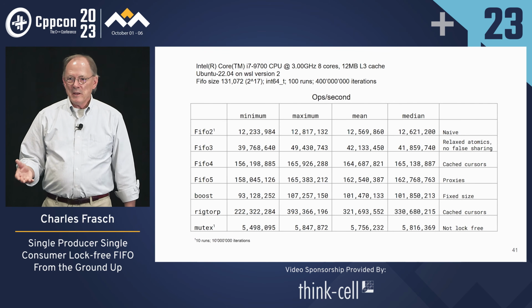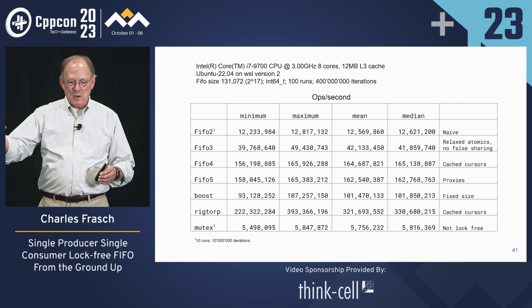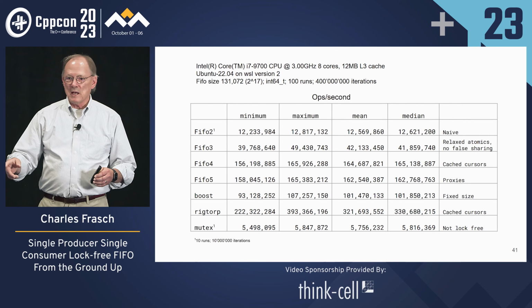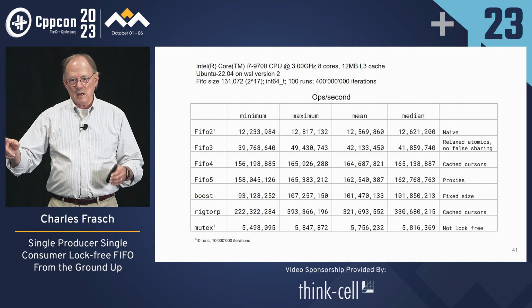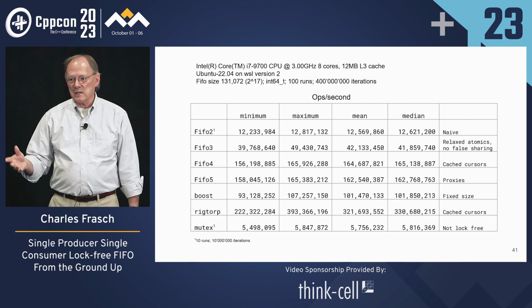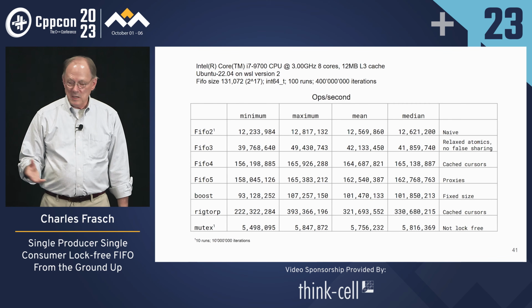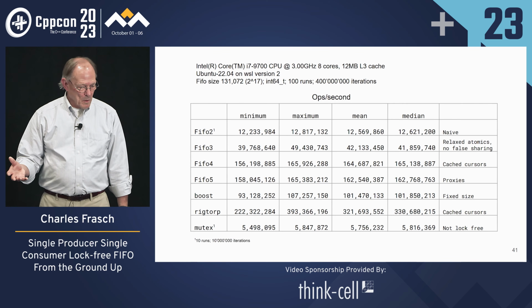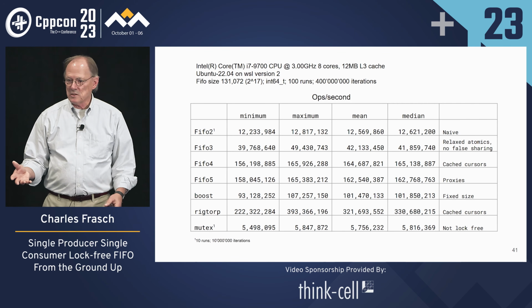He uses a scheme where he adds an extra element in the storage array that he uses as a sentinel so that he can distinguish between a full FIFO and an empty FIFO. The last one uses mutexes, and it's just there for performance comparison, but it's not lock-free, and it's also not single producer. You can have as many producers and as many consumers as you want.